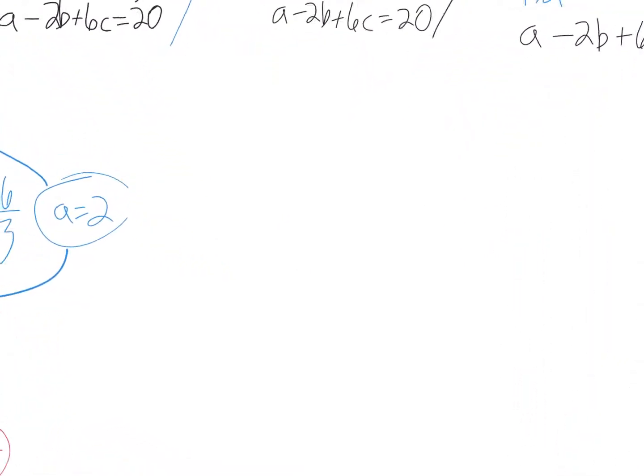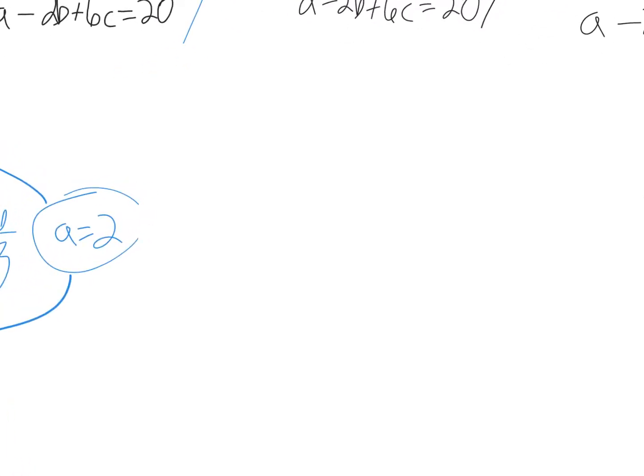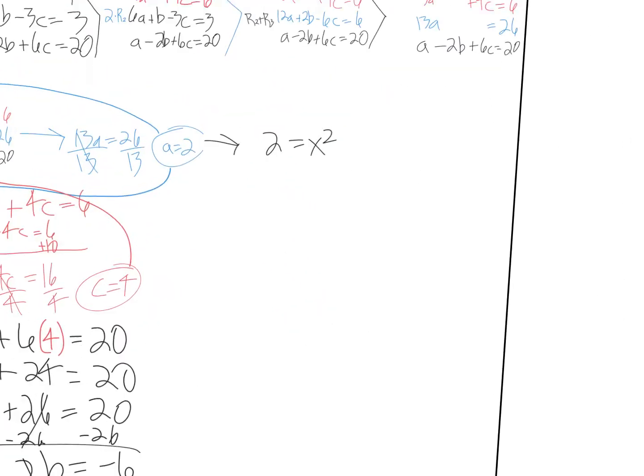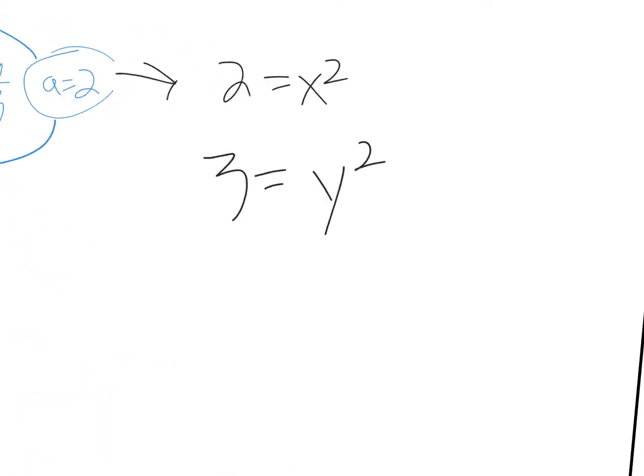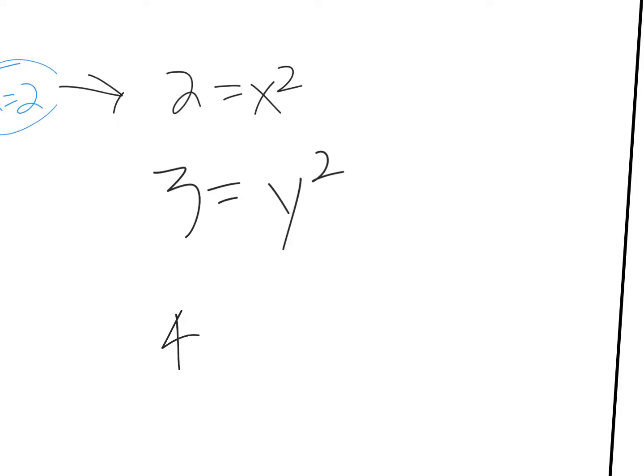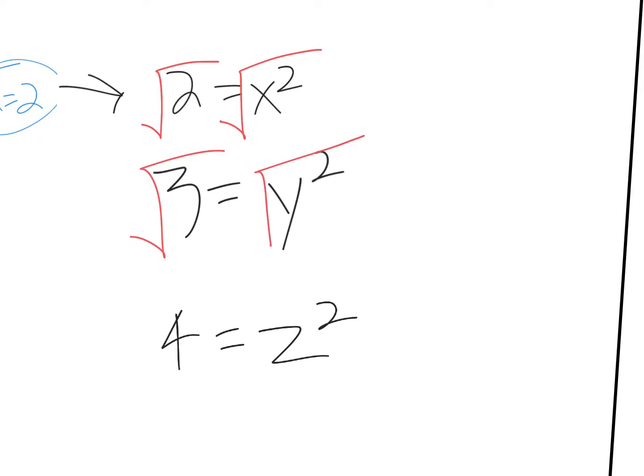So you are going to set 2 equal to x squared, and then, what was b again? 3 equals y squared, and then c was 4, so 4 equals z squared. All you've got to do is solve for x, y, and z by taking the square root. So if 2 equals x squared, then the square root will be my answer for each of these.